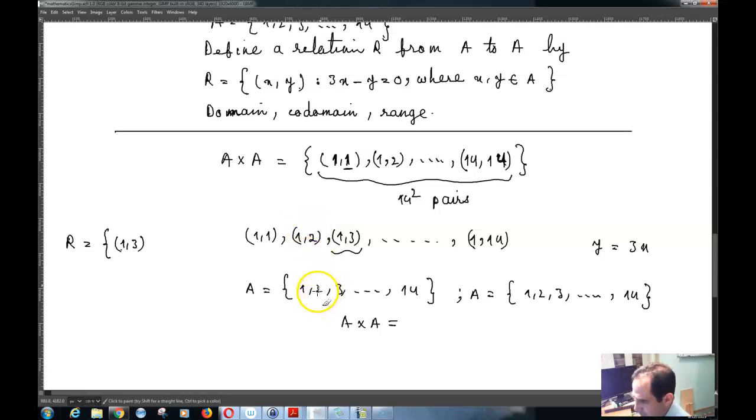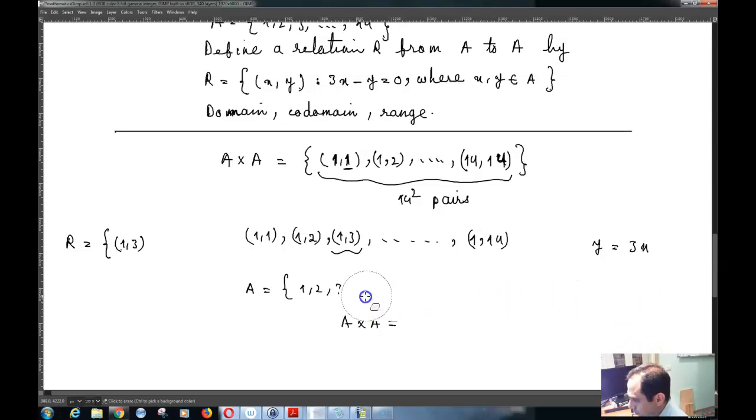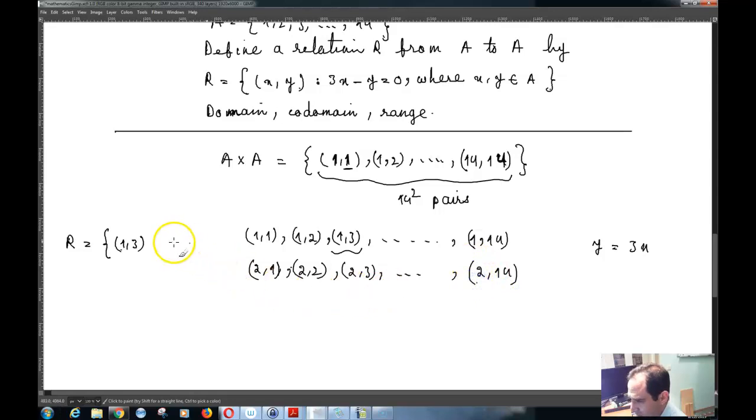Then you will start with 2, then 3 with all of these numbers, 4 with all of these numbers, and so on. So you will have 2, 1, 2, 2, 2, 3, and so on, all the way up to 2, 14.